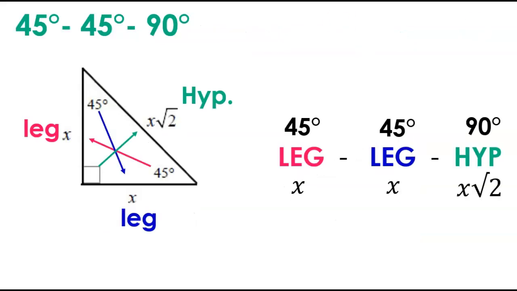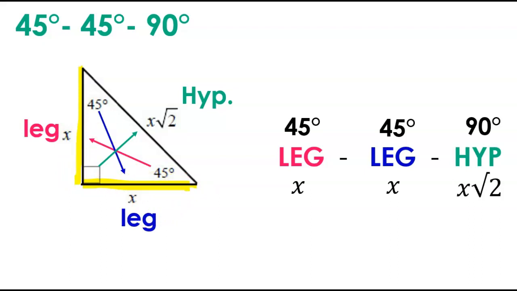Okay, so for the 45, 45, 90, notice that you have two legs. We've talked about this previously. The legs are the sides of our triangle that create that right angle, okay? So you have a leg and a leg. Those two pieces create that right angle, and we just call those leg and leg, okay?